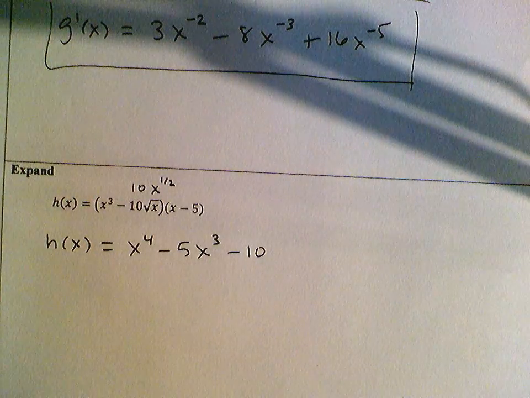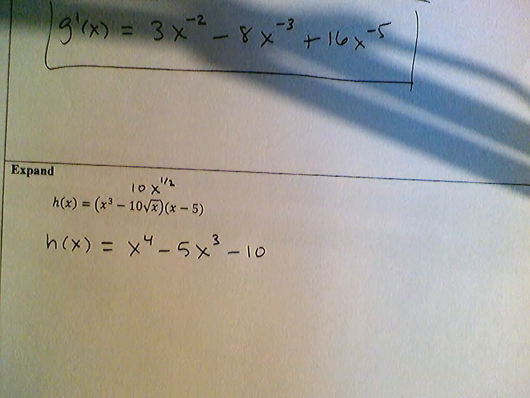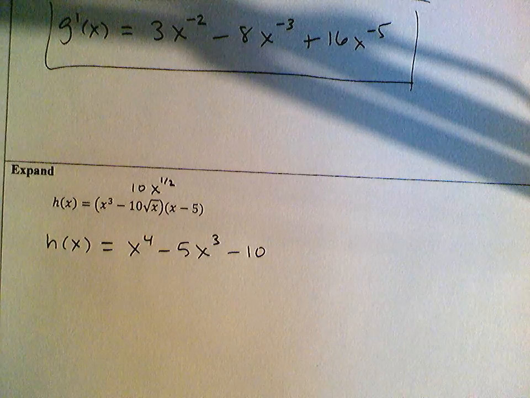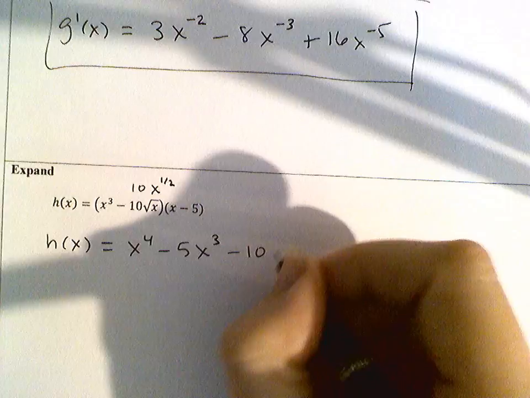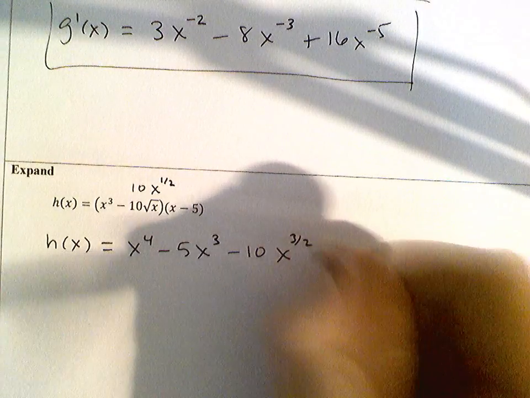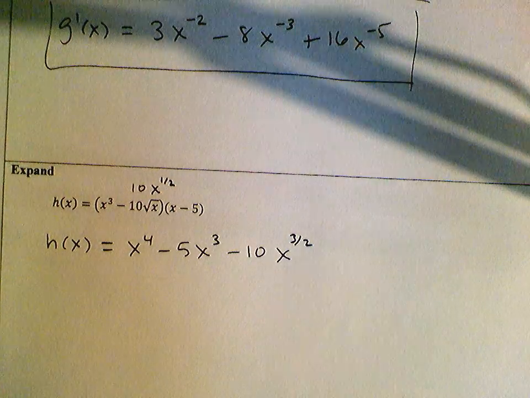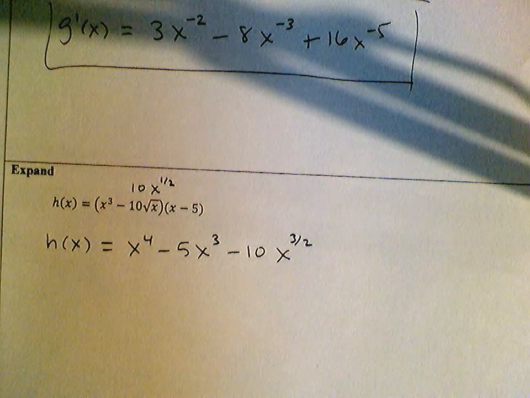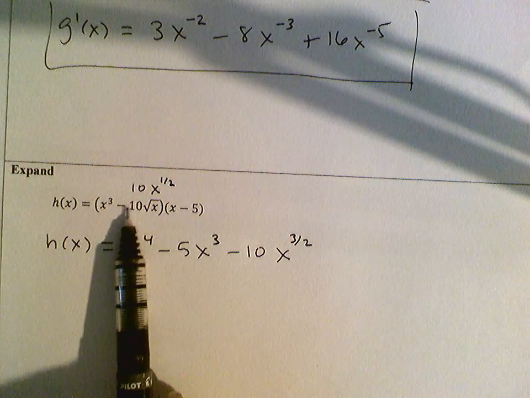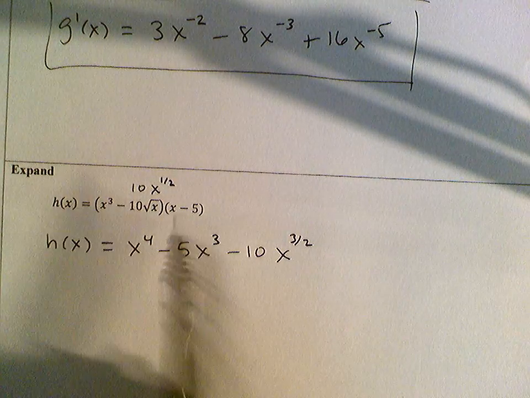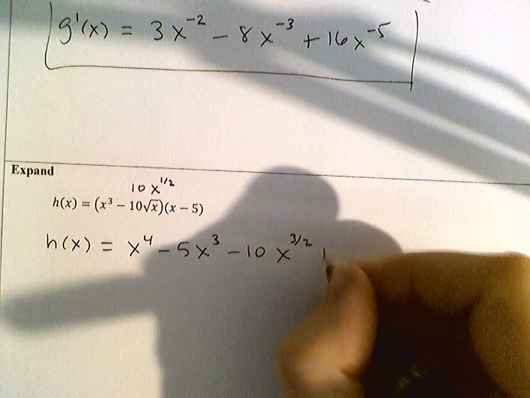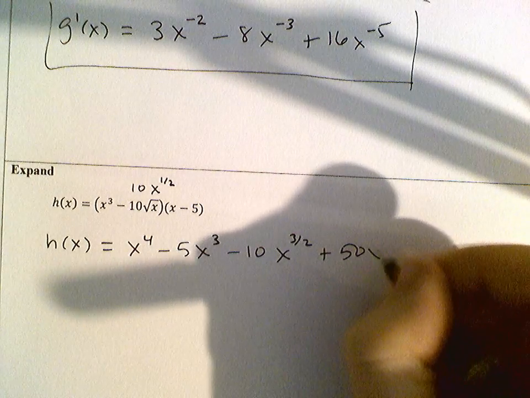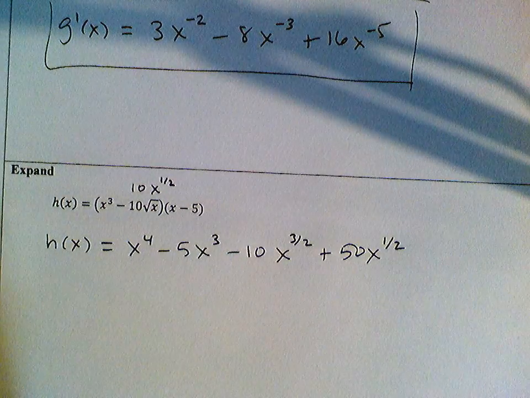X to the 1/2 times x to the first, that's like x to the 1/2 times x to the 2/2, so x to the 3/2. And if that doesn't make sense, just pause the video and think about that. And then finally, negative 10 x to the 1/2 times negative 5 is plus 50 x to the 1/2.